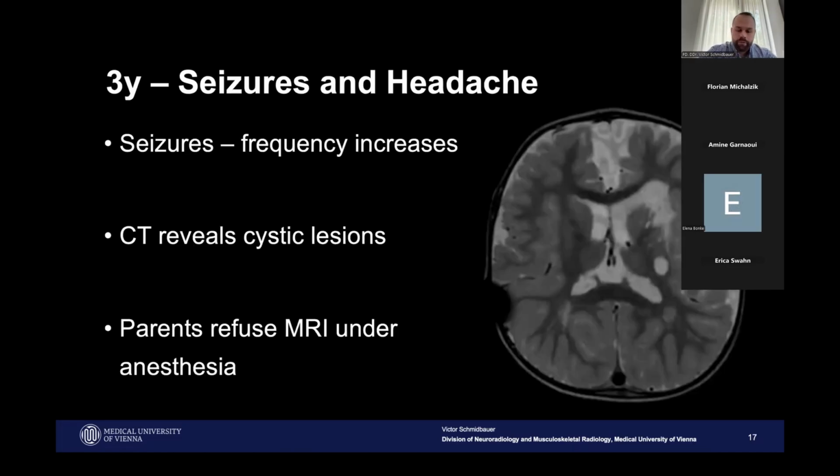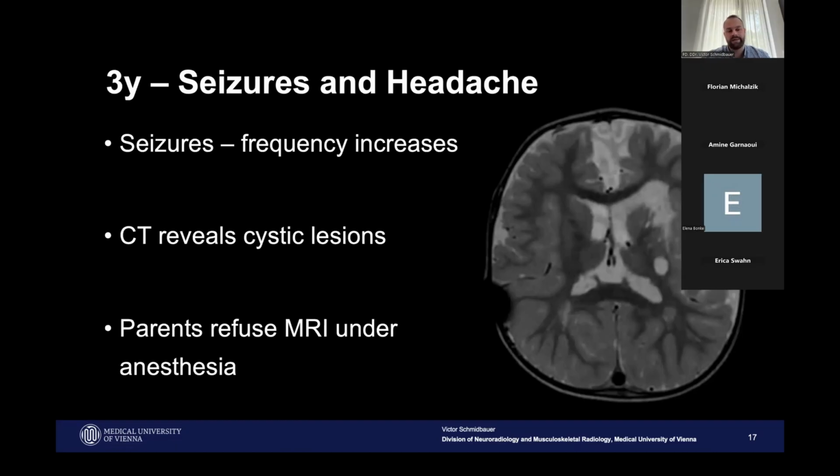So we all know the problems with children of younger age or infants. It's sometimes not that easy to get MR data in these children. And this is such a case. This is a 3-year-old boy, and there are seizures present, there is headache, and the frequency of the seizures increased.